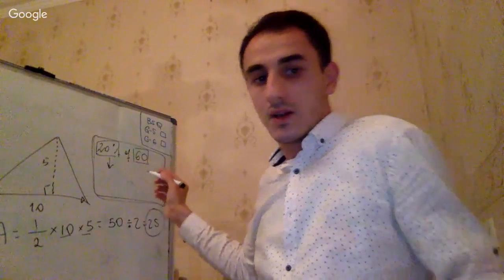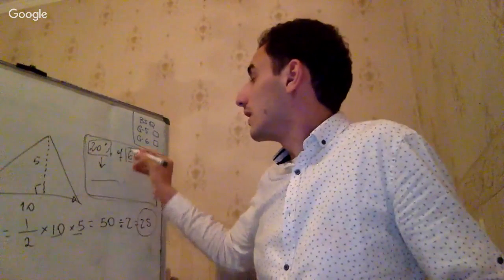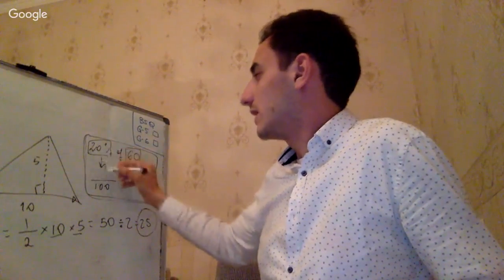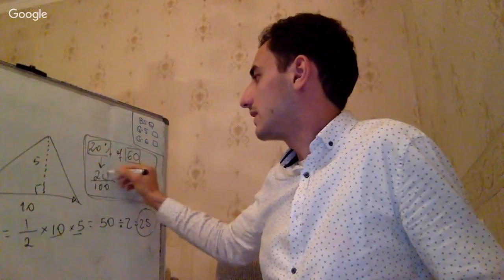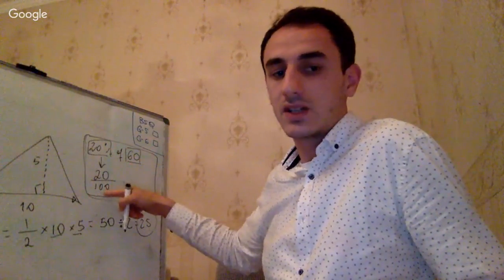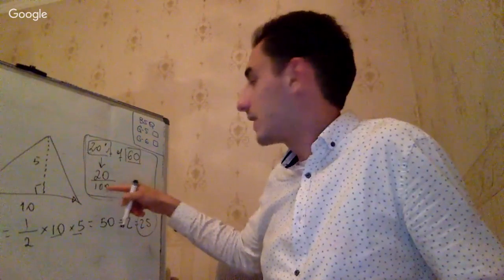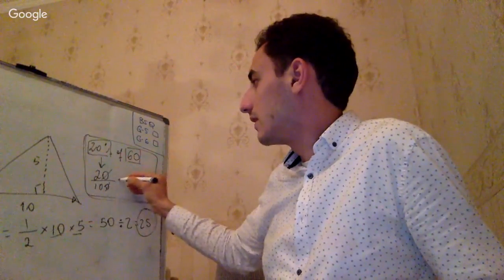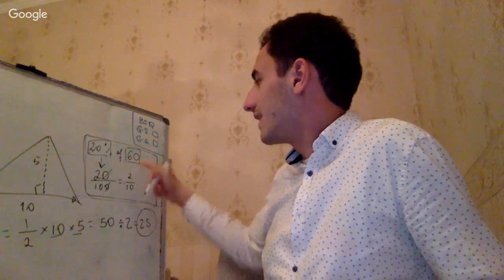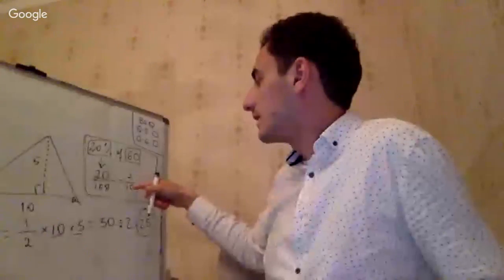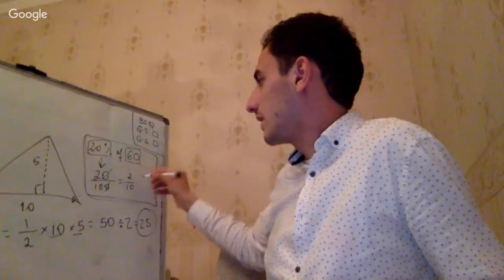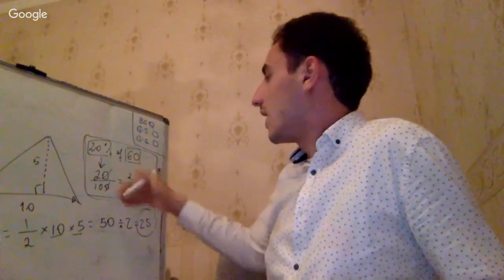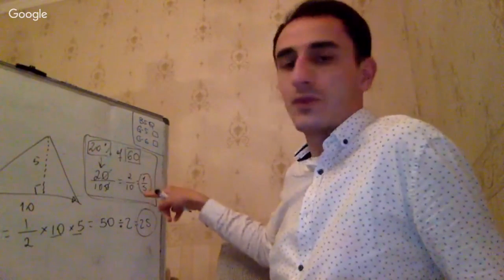How to do it? Instead of the percent sign, I write 100 in the denominator and keep the 20 in the numerator, like this, 20 over 100. This is my fraction. Then I simplify this fraction. Dividing both sides by 10, I get 2 over 10. I can still simplify this. Dividing both sides by 2, I get 1 over 5.